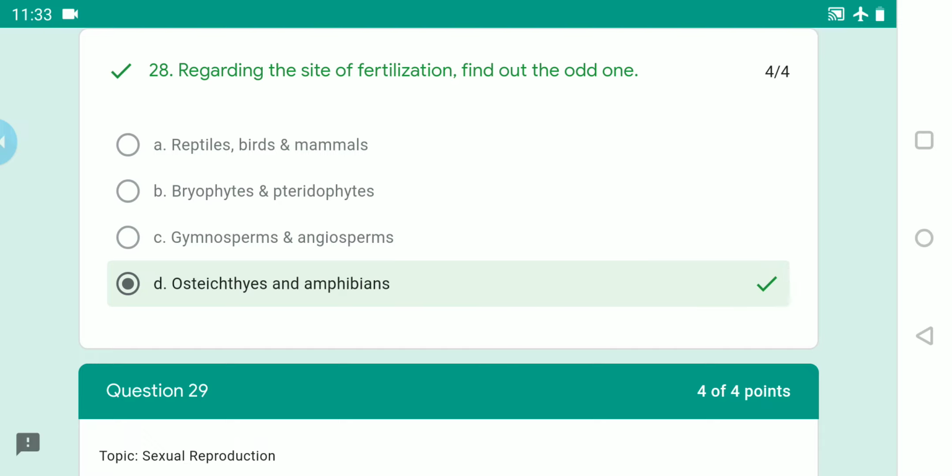Gymnosperms and angiosperms show completely internal fertilization. In the case of osteichthyes, it is external fertilization, but in the case of amphibians, it shows both external and internal, that means they can live both in water and outside also. So because of this one, this is the odd one. Option D is the right answer.